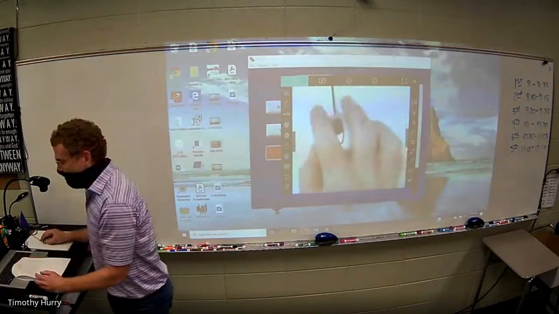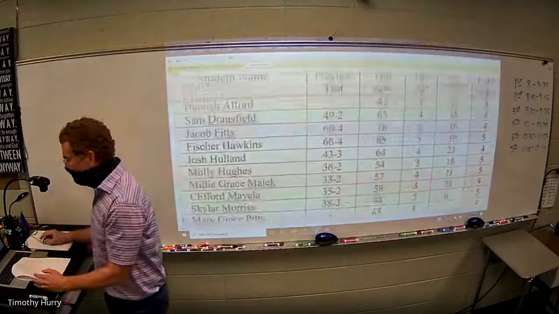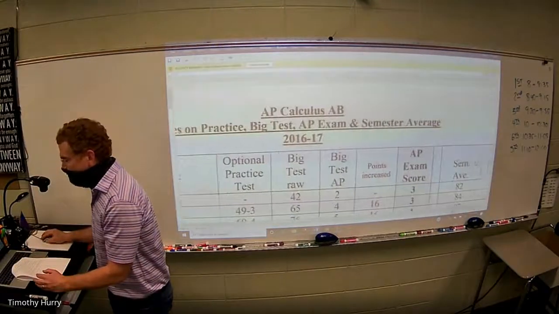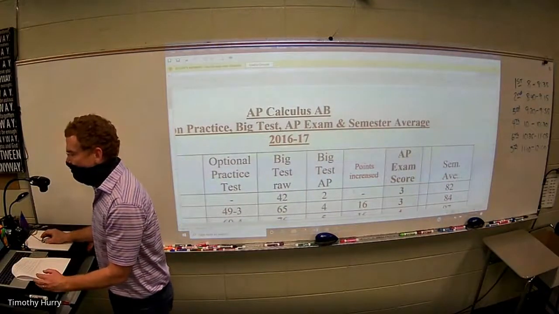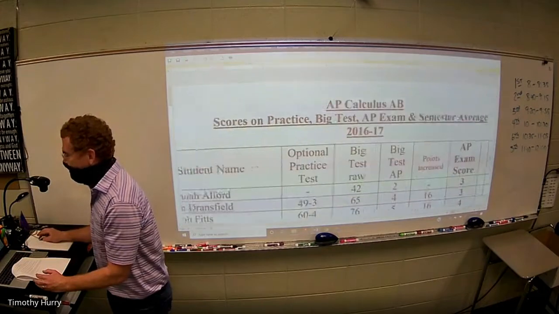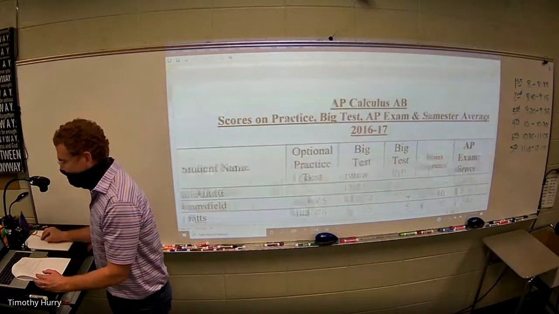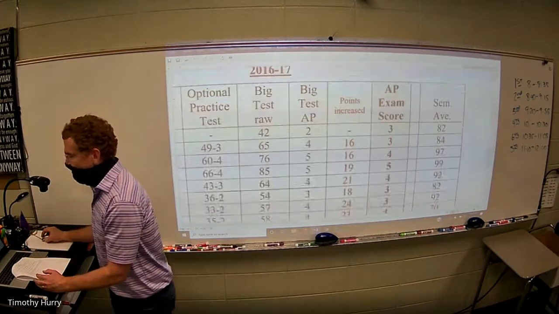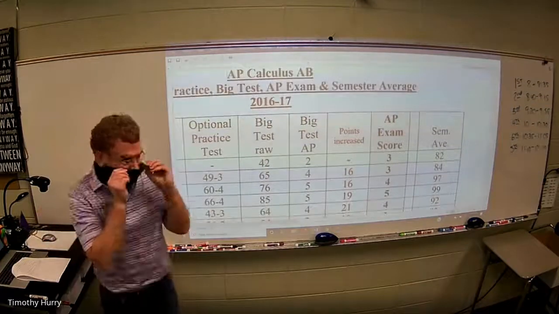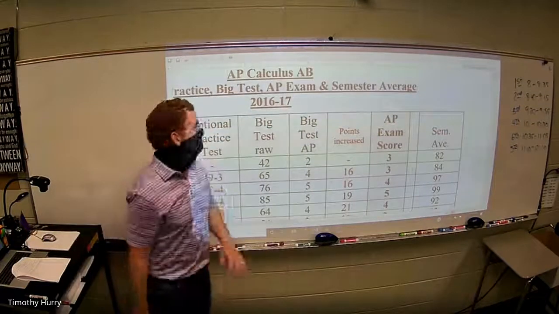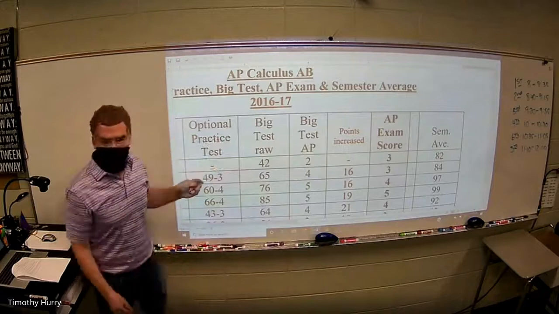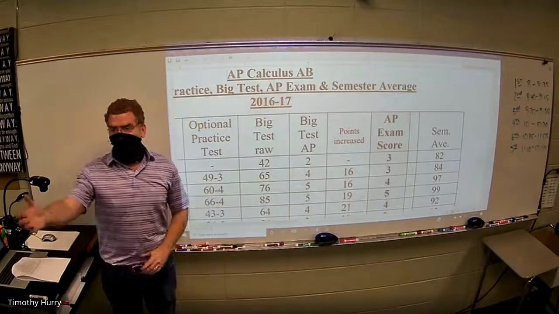Let me just show you randomly how one particular class did. I literally randomly pulled this up. Let me get rid of names. Okay, this was 2016, 2017. I used to give an optional practice test, and that was on like April 16th.